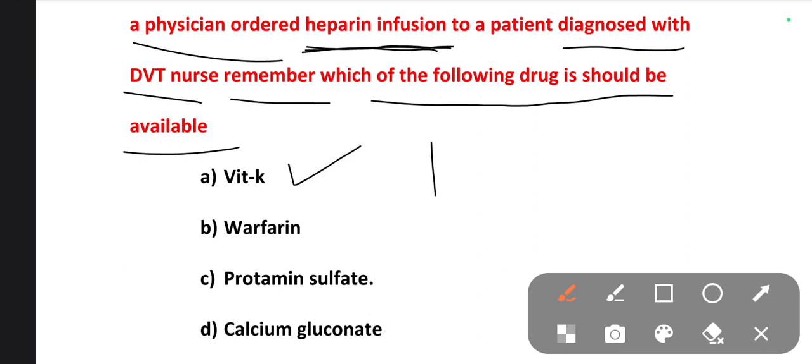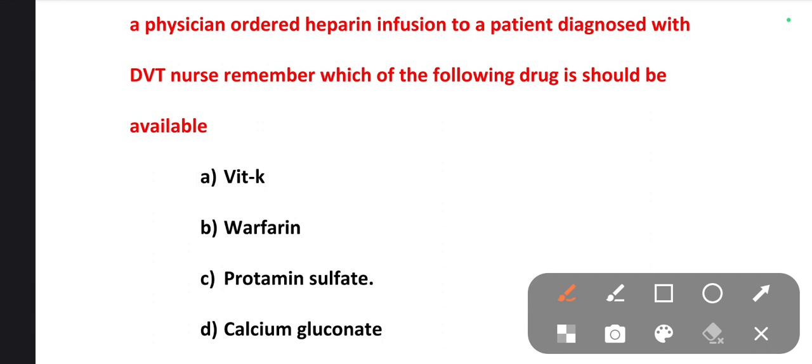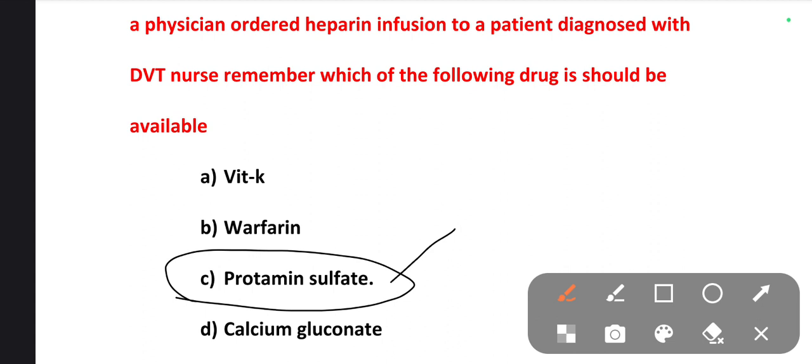Options are vitamin K, warfarin, protamine sulfate, calcium gluconate. The right one is option C, protamine sulfate. Why? Because when we are giving the heparin infusion, there may be a risk of heparin overdose. So we have to keep protamine sulfate ready. When there is a heparin overdose, immediately we have to give the antidote for heparin, that is protamine sulfate.